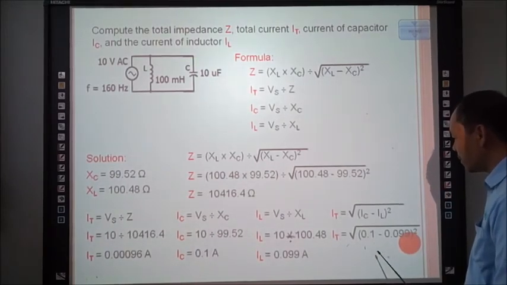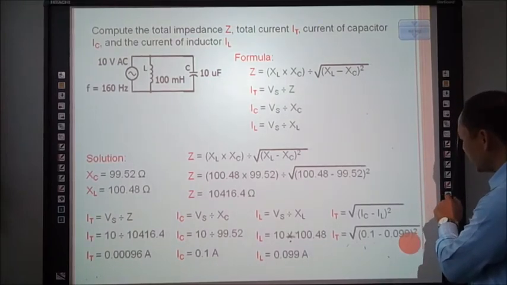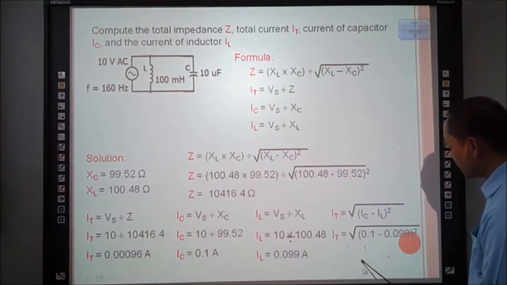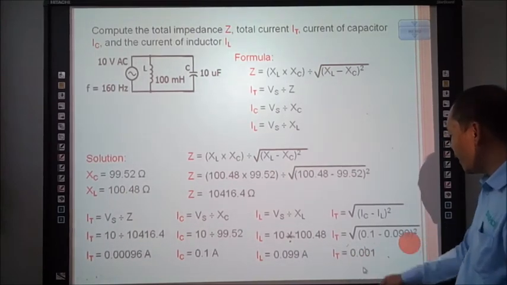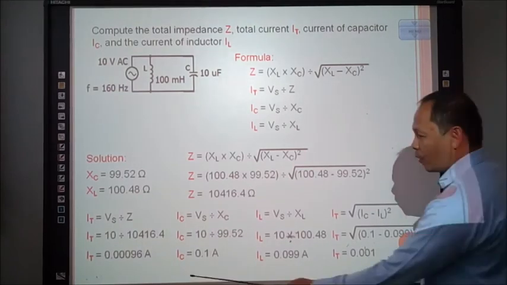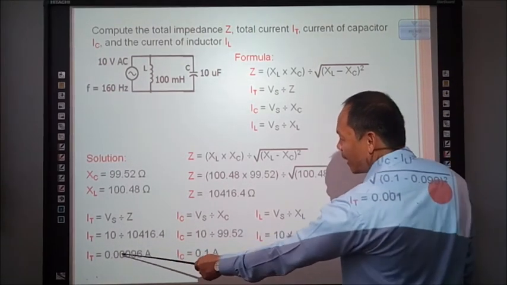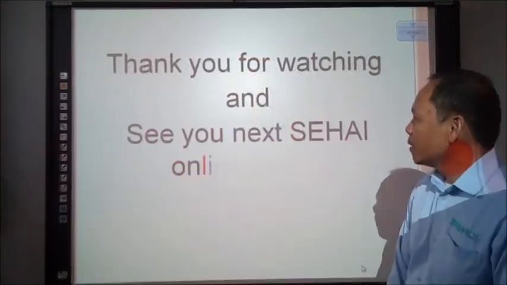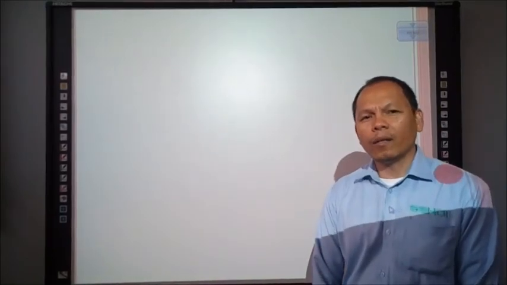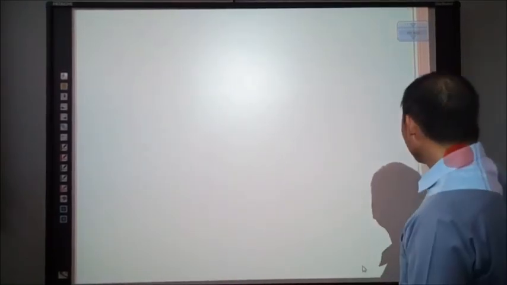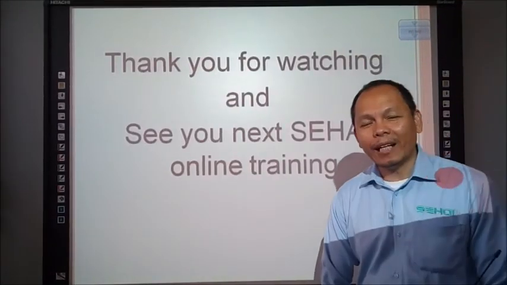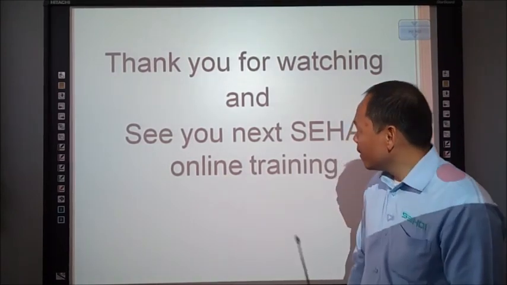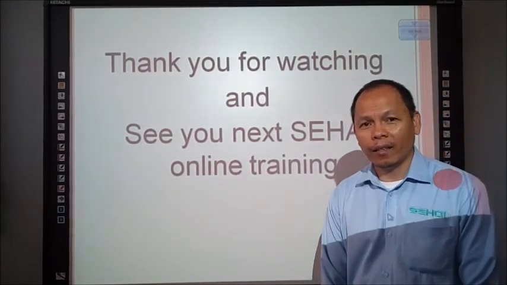The computer now becomes slower. So your IT is equal to 0.001, and if you round off this one, it will become 0.001 ampere. So that's all, guys, for the parallel LC circuit. See you next at C-High online training. Thank you.